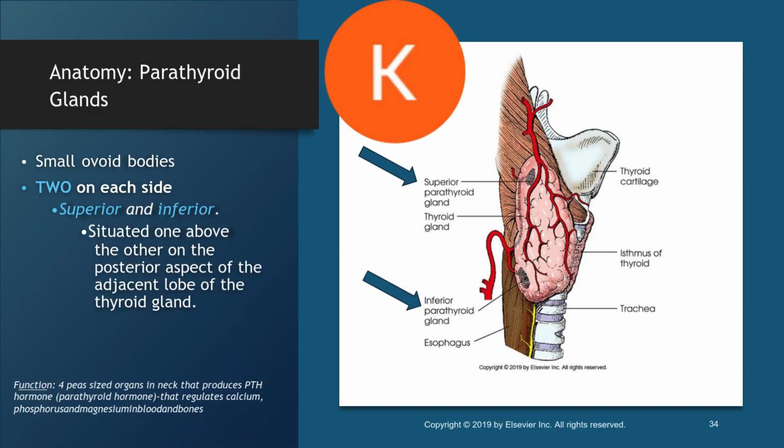It's also called parathyroid hormone that regulates calcium, phosphorus, and magnesium in the body and bones. So if you can see here in the picture, it shows the superior parathyroid gland, the thyroid gland itself, and the inferior parathyroid gland in its positioning.